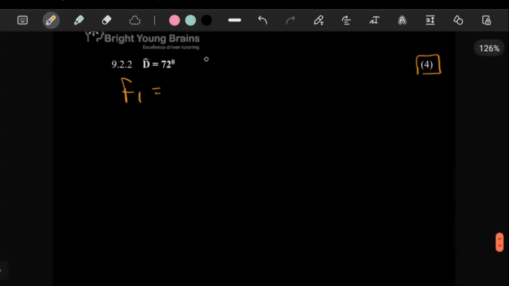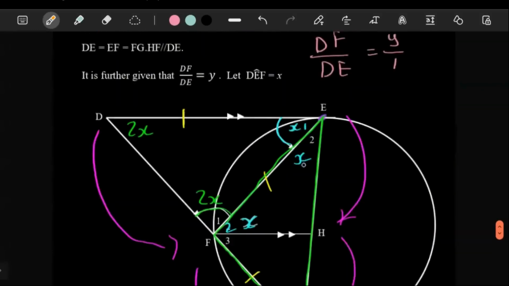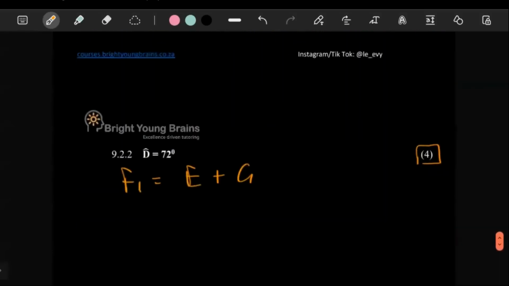Let's tell them that F1 is equal to E2 plus G. Then here you're going to say exterior angle of a cyclic quad, I mean, exterior angle of a triangle.